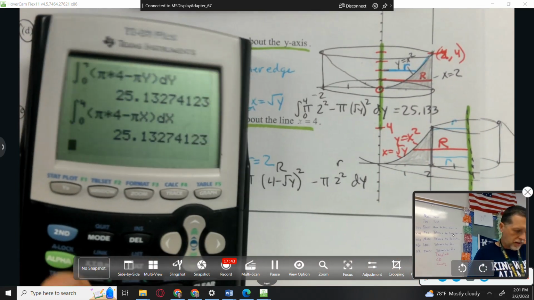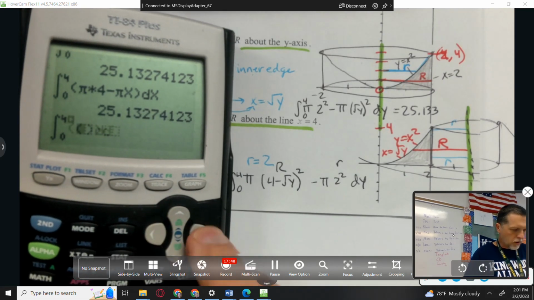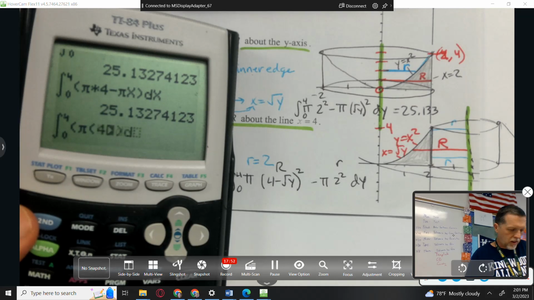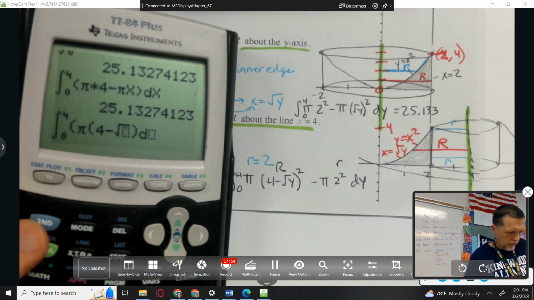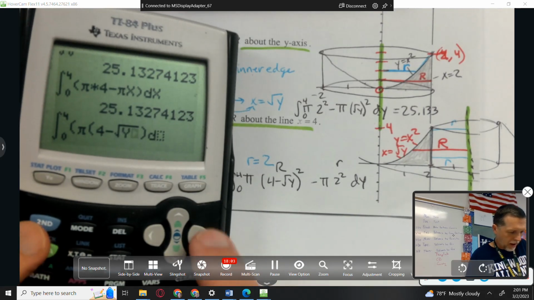Let's see. Math 9. 0 to 4. Pi, parentheses, 4 minus square root of y. Alpha y.